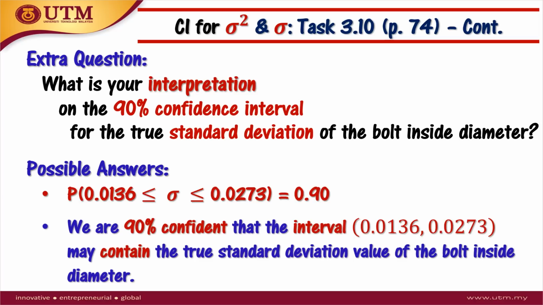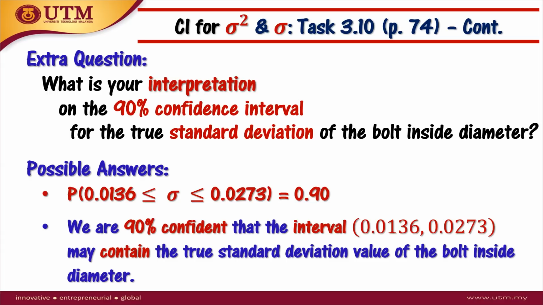Another more popular way to interpret the confidence interval is to say that we are 90% confident, or we have a 90% degree of confidence, that the interval 0.0136 and 0.0273 may contain the true standard deviation value of the bolt inside diameter.